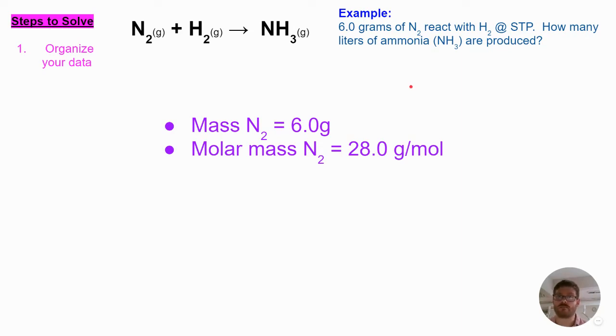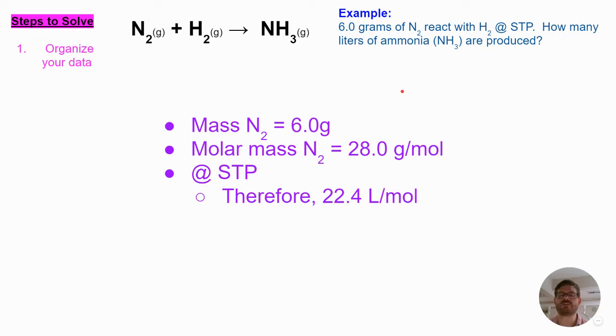We know we're going to need it because we're doing stoichiometry. We always need molar mass when we're doing stoichiometry. We know that this is held at STP, or standard temperature and pressure. And because of that, we know that there's a ratio of 22.4 liters per mole. And it's asking us to find the volume of the ammonia.